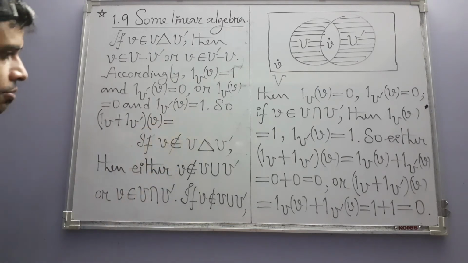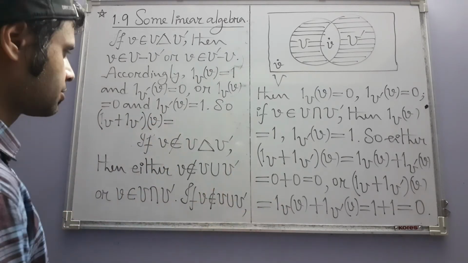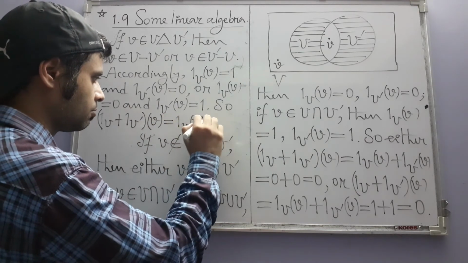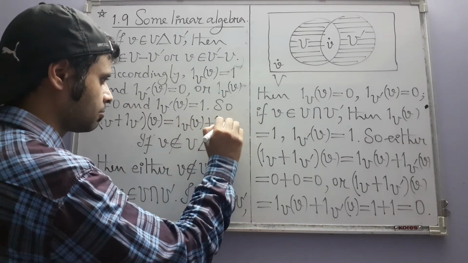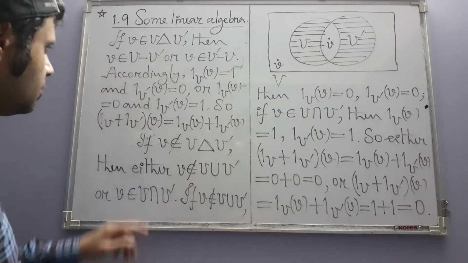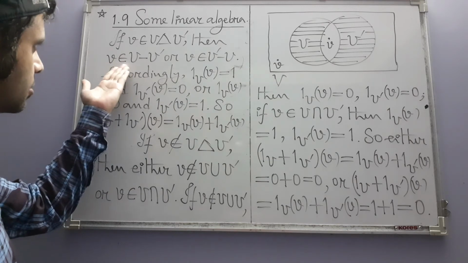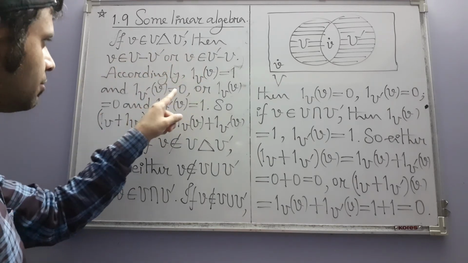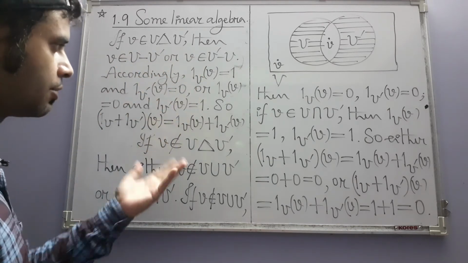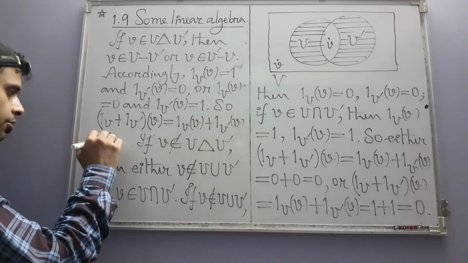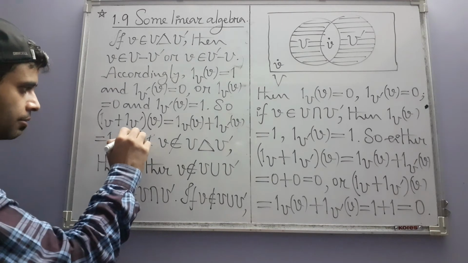This is going to be what? Of course 1 U V plus 1 U prime V. But now whether the case is this or this, one of the values is 0 and the other value is 1, and their sum in your field is equal to 1.